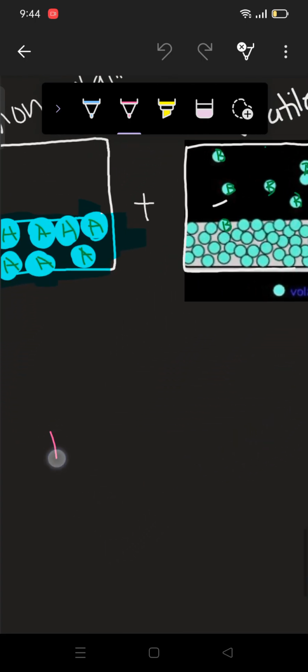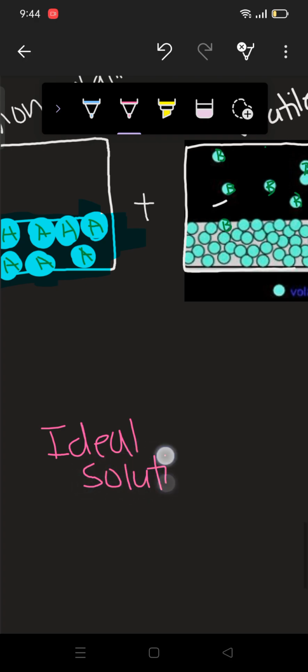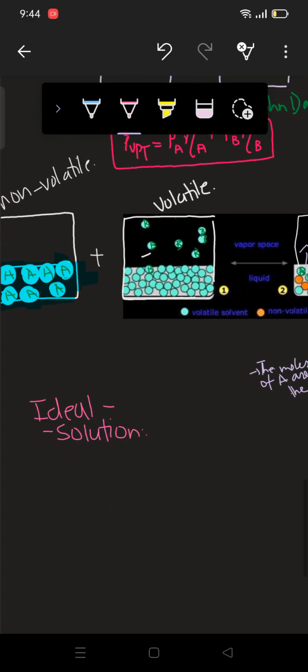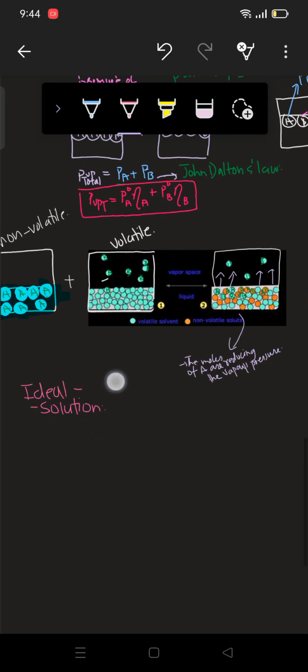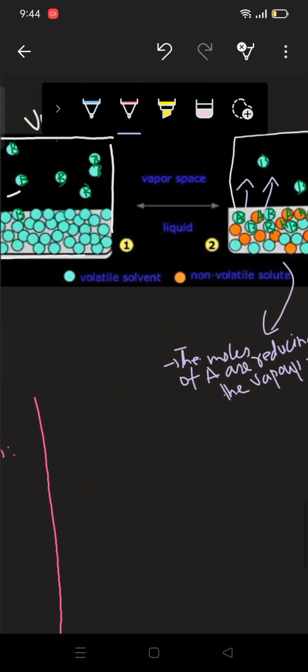Initially, we will discuss ideal solutions. As the word suggests itself, it is ideal in nature, which cannot be found, but it is ideal. And we will discuss non-ideal.